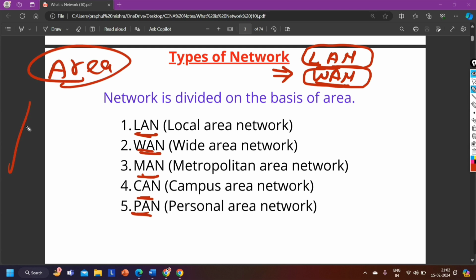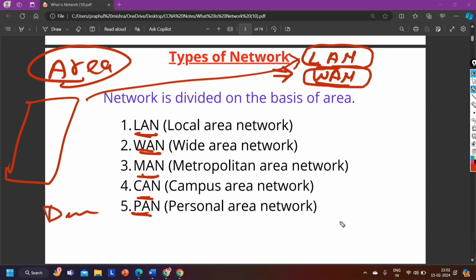If we are implementing a network in a building, in a small geographical area, that type of network is known as what? LAN. Correct? If we are implementing a network in a large geographical area, let's say between Delhi and Mumbai, between Bangalore and Chennai, these types of networks are WAN, wide area network. Network between India and US, India and Canada, these types of networks are what? WAN.